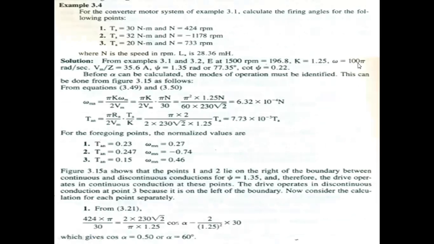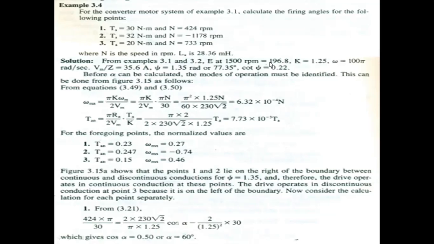Omega is 100 pi radians per second. Vm by Z is 35.6 and xi is 77.35. From this, cot phi is 0.22 xi. These are all values we found in the first problem. If you go to the first problem in the previous classes, you will know about these values.